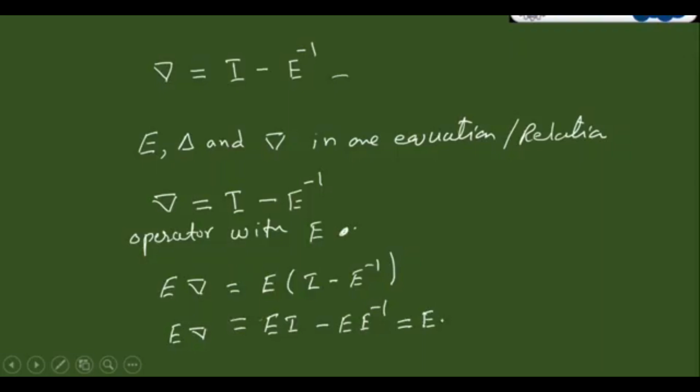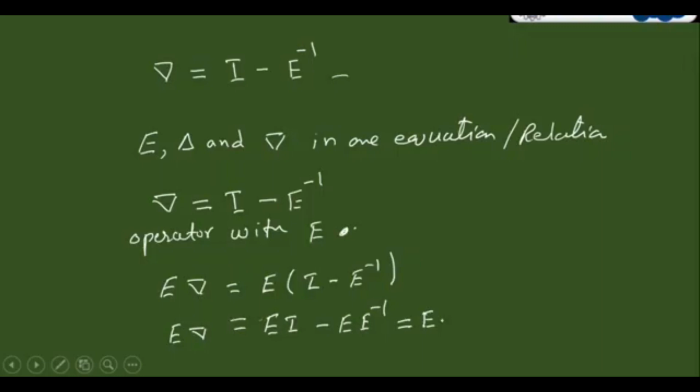And one can clearly see, if you want to shift anything, let's do a little bit of rough work. So if you have this function and you apply a backward shift, you will get f of x minus h. This is h.